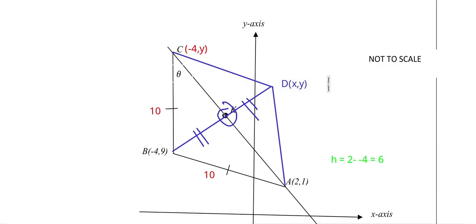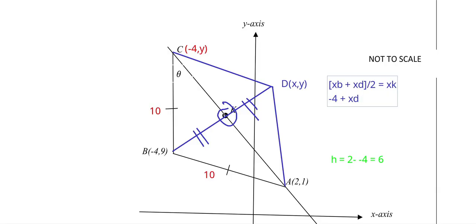So maybe let's write it here. For the midpoint, to find the value of X, you are going to add XB plus XD, divide this by 2, and you are going to get X at the midpoint, which is XK. Let's substitute. XB is -4, XD is what we are looking for.